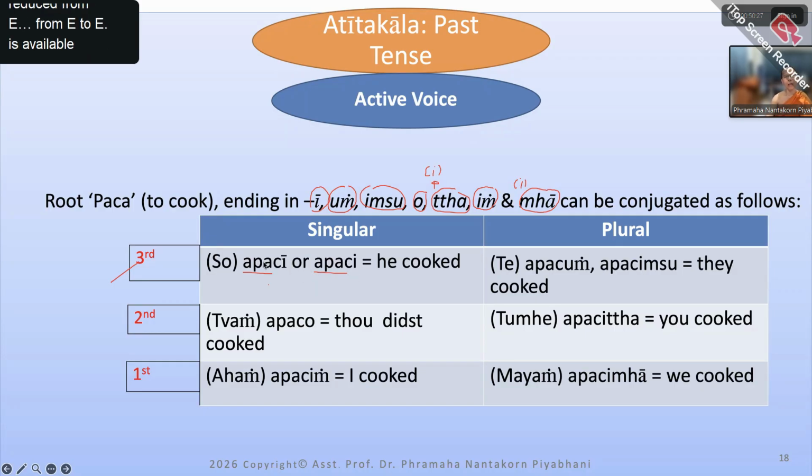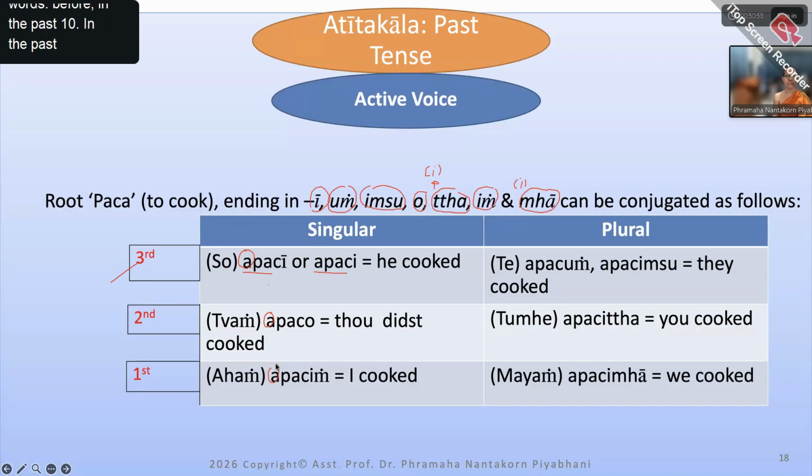Is available. You see? It is always dropped before roots, before verbs. Always drop before a verb in the past tense.